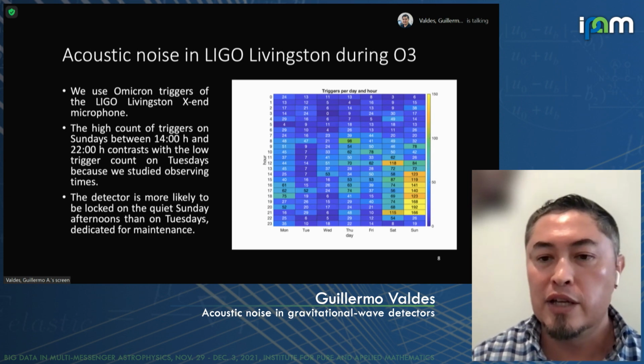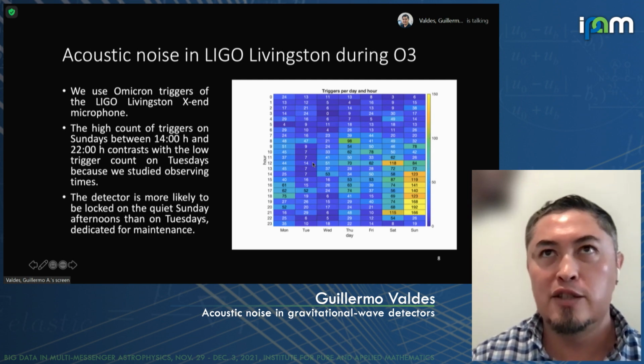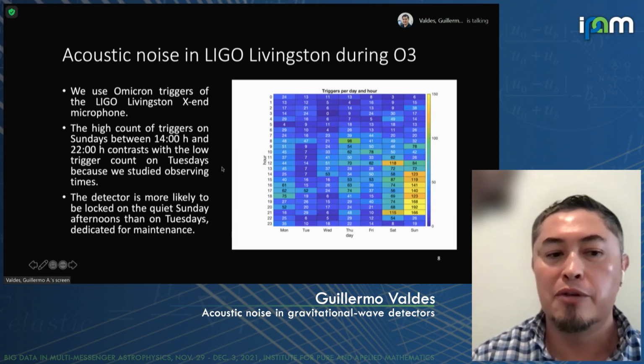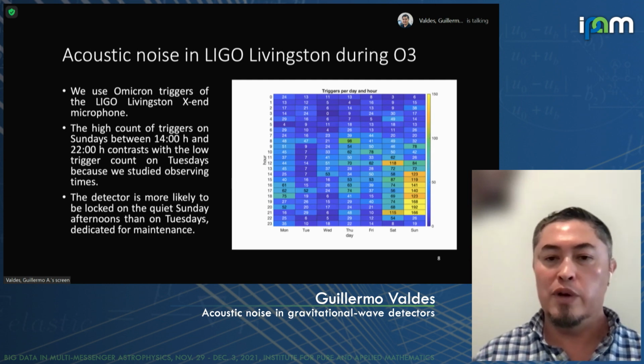The pattern that we see here is that we have a lot of noise on Sundays and not too many on Tuesdays. And that's not very helpful. The thing is, we are using what we call observing time, which is when we are ready to detect gravitational waves.